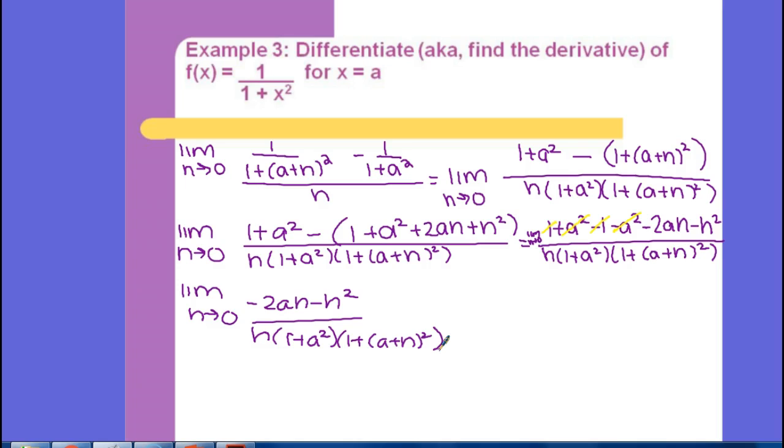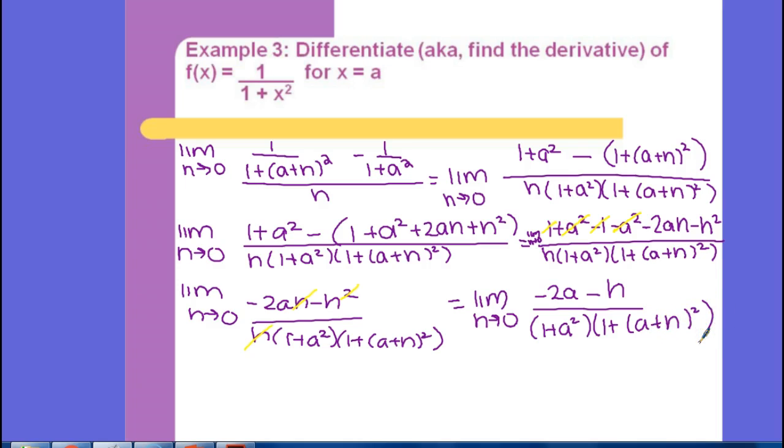Can we cancel an h? You can GCF it out. Take our limit, so that's zeros, this zeros, so I get negative 2a over 1 plus a squared, 1 plus a squared.